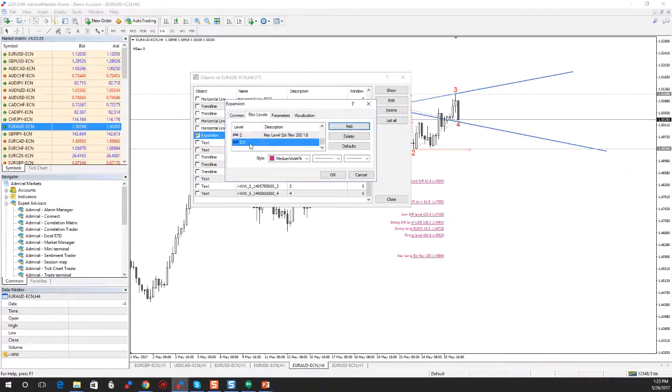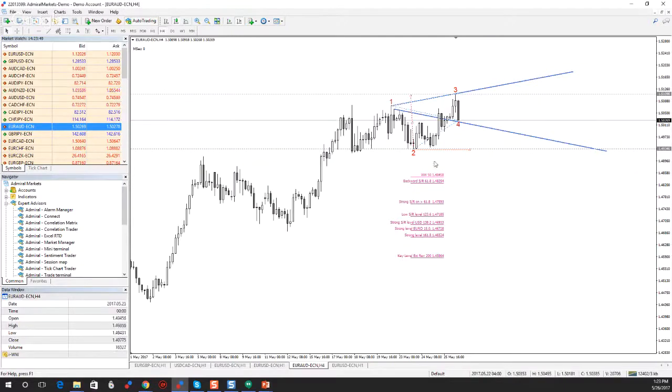Okay, add. You will see a lot of levels here. These are my custom levels. They're not used for Wolfe Waves, but for Wolfe Waves, you just add 0.50. Okay, and you can write Wolfe Wave 50 with the sign of percentage. You press OK, close, and here.